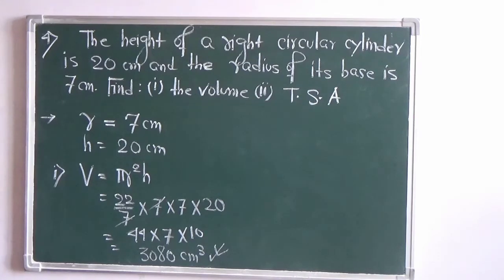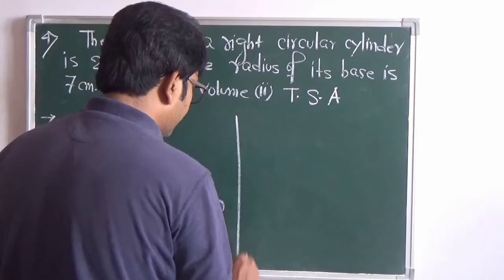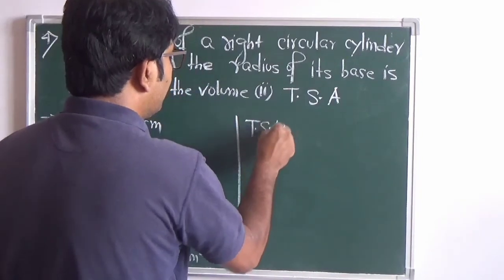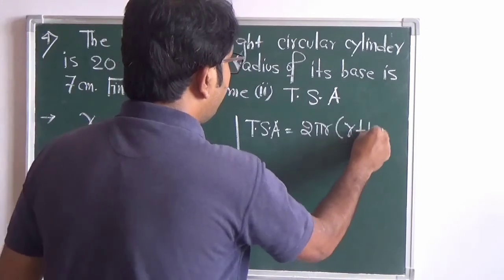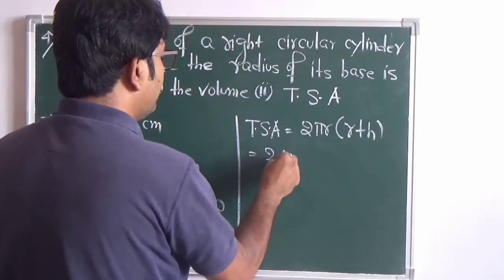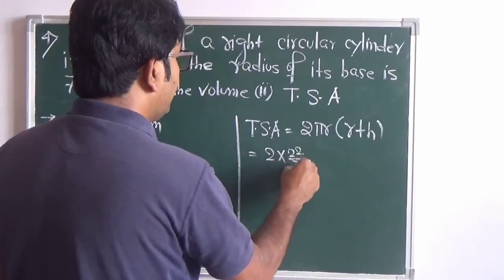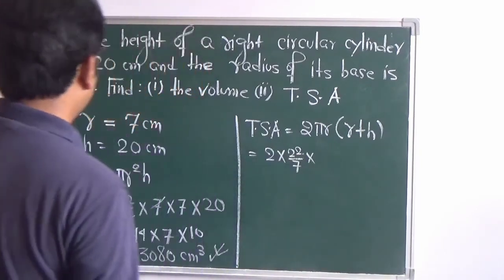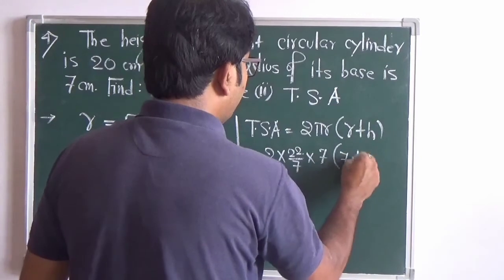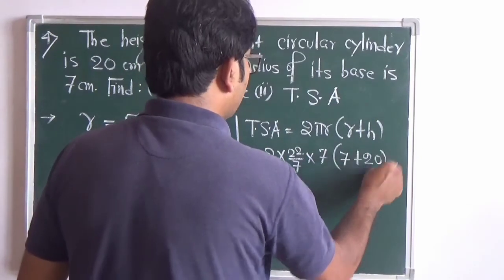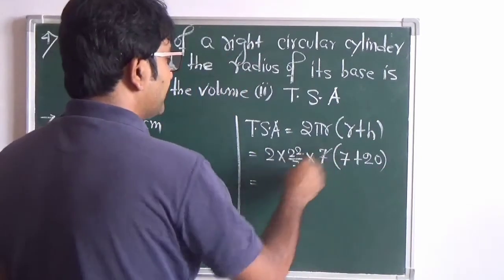Now the next part is the total surface area. The total surface area is given by 2 pi r into r plus h. So it is 2 into 22 by 7, the value of the radius r is 7, so 7 plus 20. 7 and 7 will cancel.